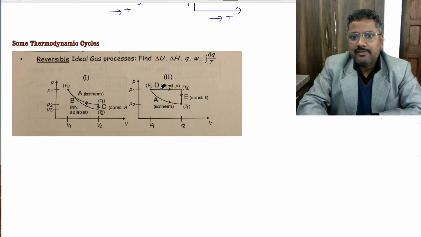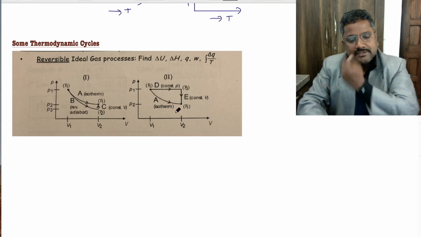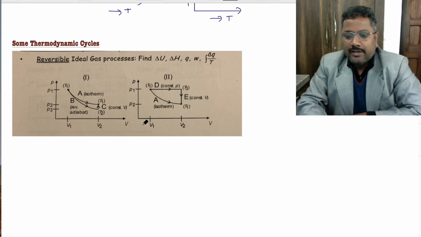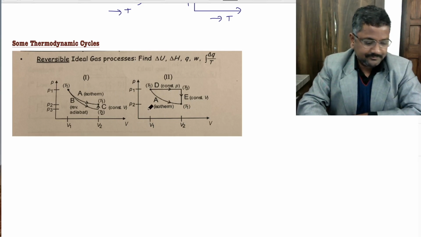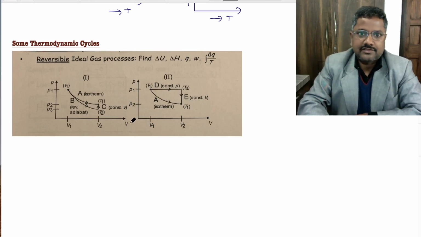Rather, we are moving isobaric followed by isochoric. So in both cases the initial and final states are the same, but we are following a different path to move from initial state to final state.